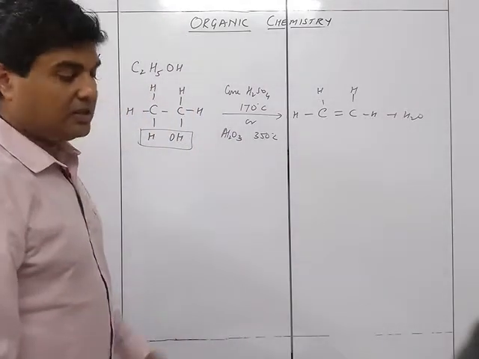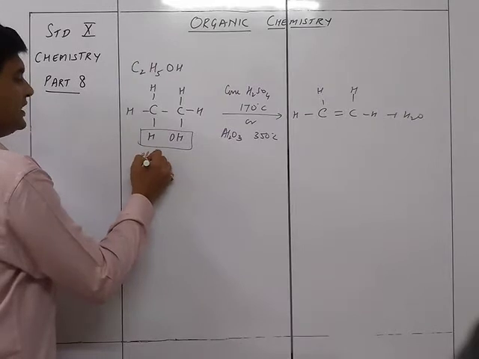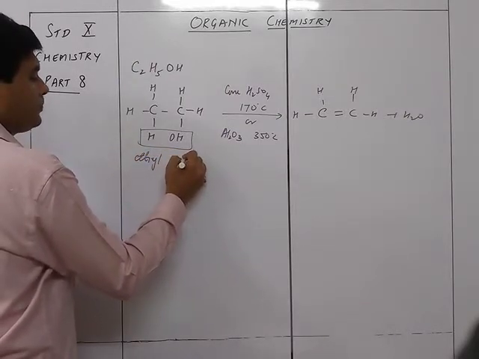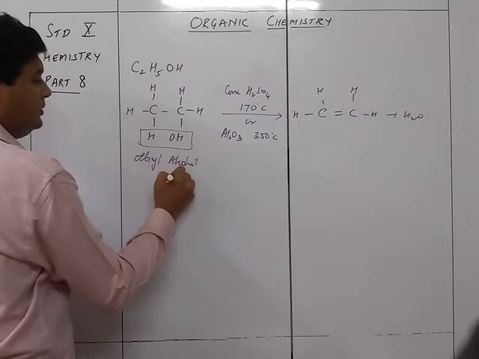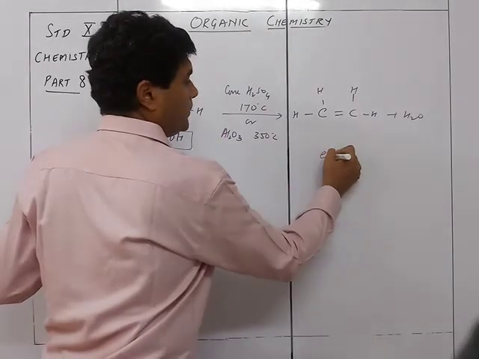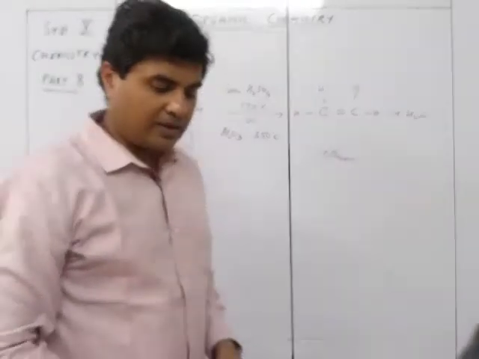This is ethene. This is ethyl alcohol, or you can say ethanol in the IUPAC name. Ethanol is getting converted into ethene under this condition.